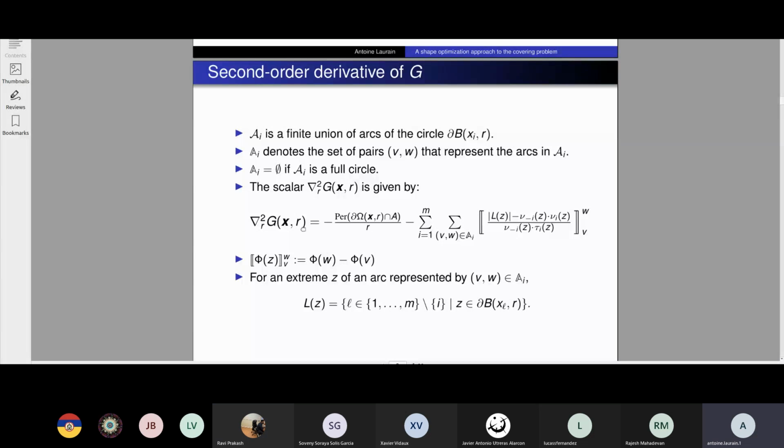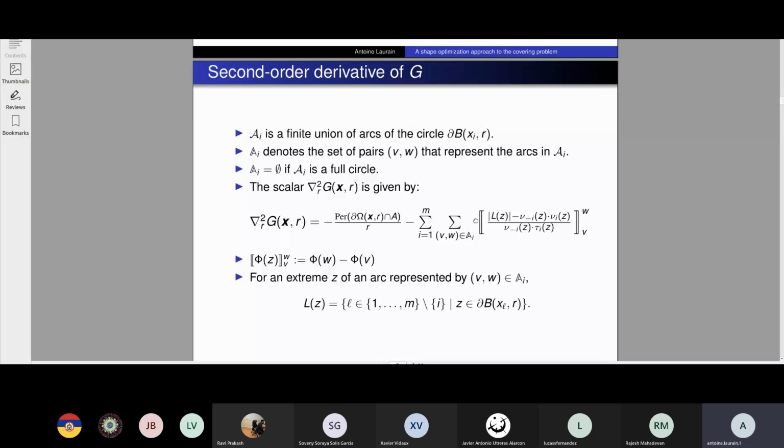And then, for instance, the second derivative of G, it's all geometric terms, right? So it looks complicated, but in fact, the quantities are not so complicated inside. So for instance, this gradient involves the perimeter of the boundary of omega intersected with the set A divided by the radius.